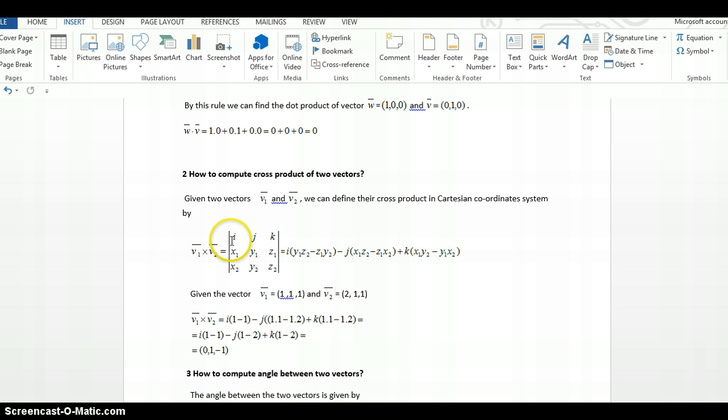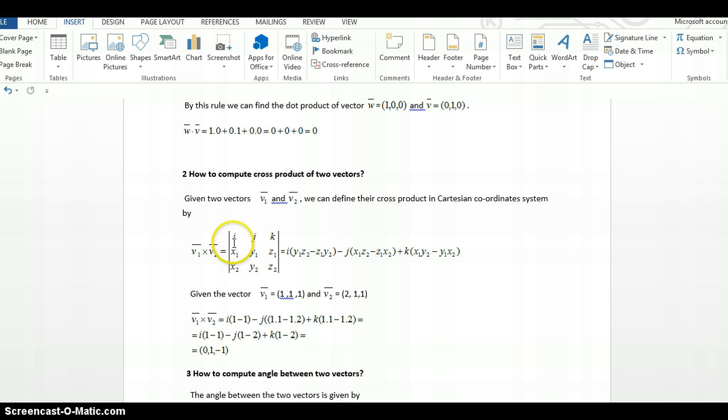That is, we will write i, j, k. So if you write ijk, and write vector v1 in the first row and vector v2 in the second, you see vector v1 has x1, y1, z1, and v2 has x2, y2, z2.